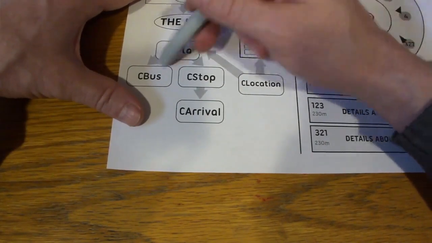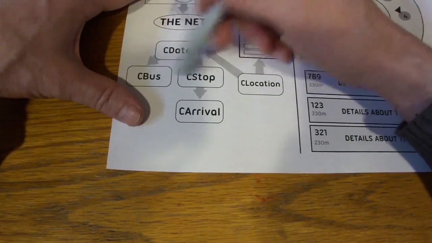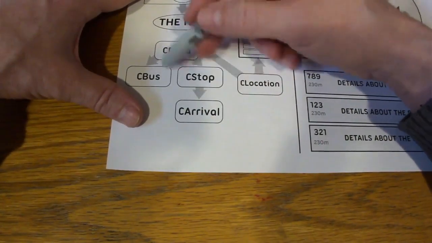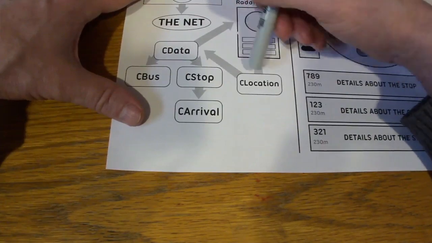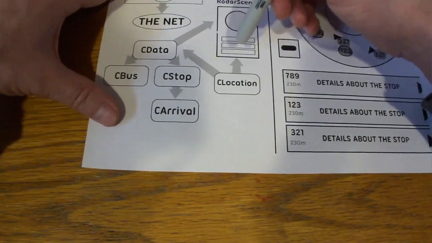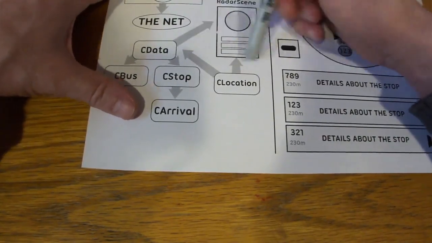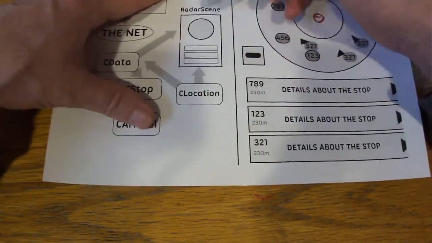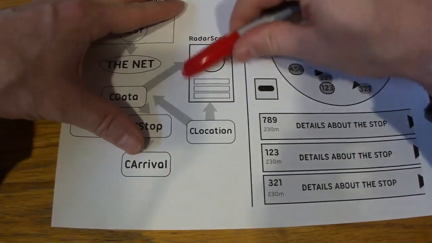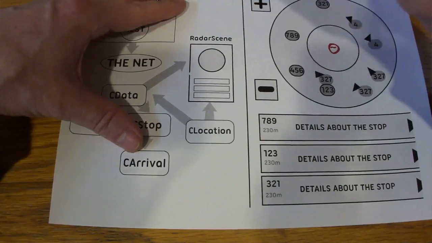We're going to have a CData class, a class of bus, a class of stop. The stop will have a subclass of arrivals. That all, I think, sort of speaks for itself. Then we're going to have a CLocation class, which figures out where we are and feeds that to the data, so it processes that, which then will produce our screen. And we're going to have just really one scene, which is the radar scene.